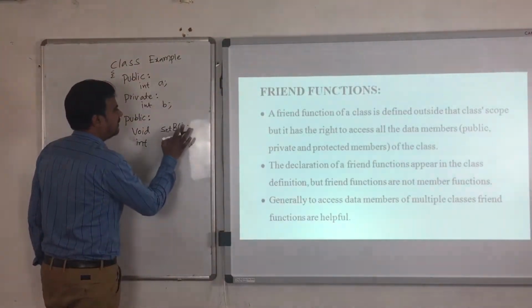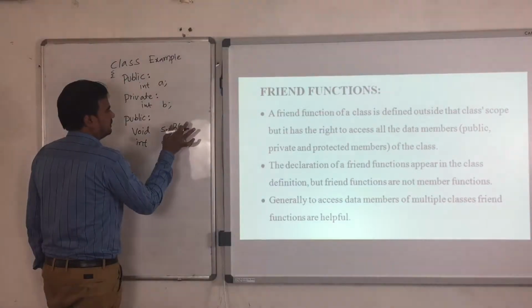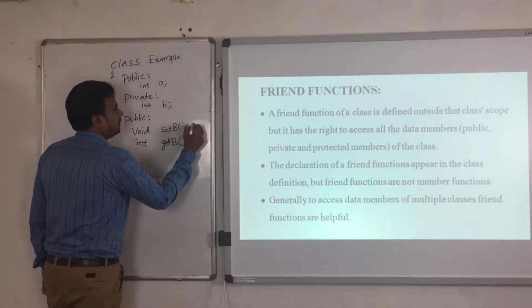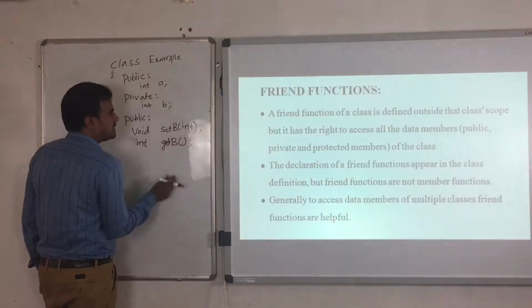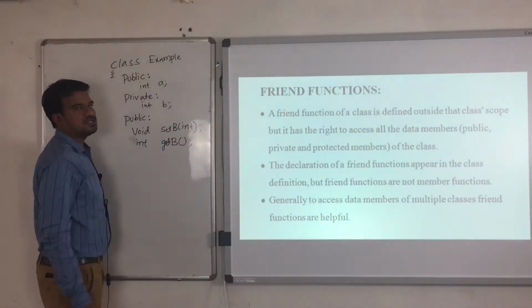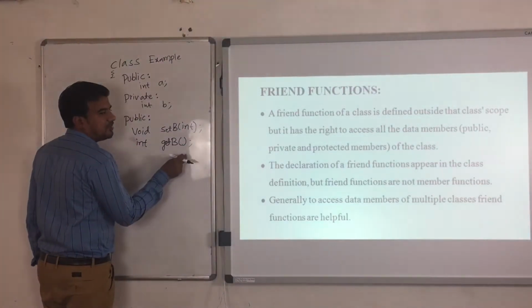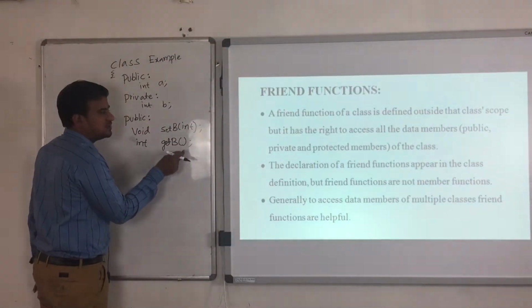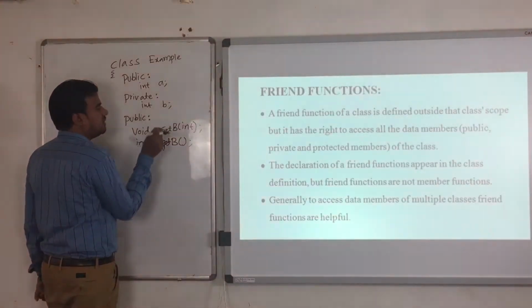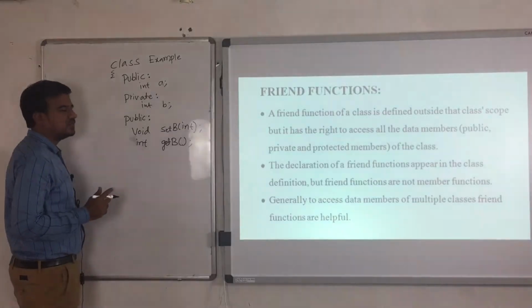Setting the value will have a parameter, because this parameter will be supplied from the main function and will be initialized to this B. Getting the value will not take any parameter. We will not pass any value. Simply, whenever you call this getter method, we will retrieve the value of this B.